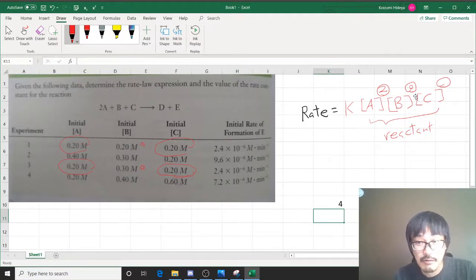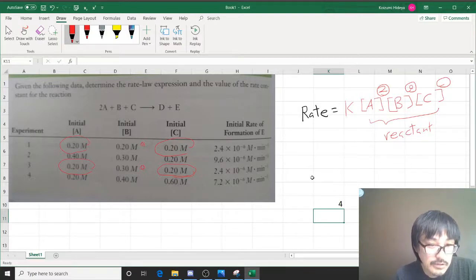So this is the power of 0. That's the only way that can happen. So we can ignore changes in the concentration of B from this point on, because it's power 0.